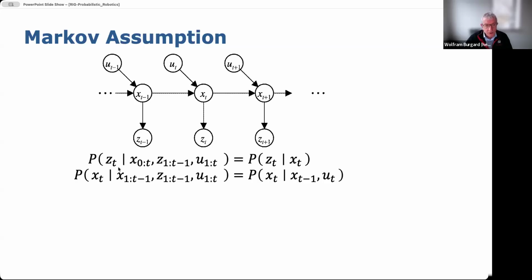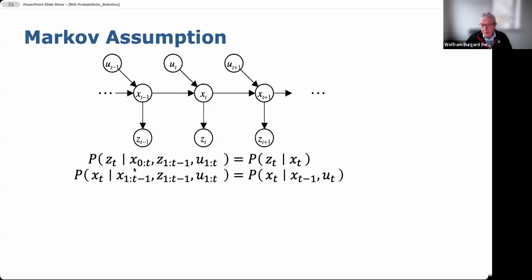If you think about a mobile robot moving around, consecutive measurements are not necessarily independent. If I tell you that I see a green light, and then I move only a little bit, the chances are extremely high that I still see a green light. Which basically means that measurements are not independent.